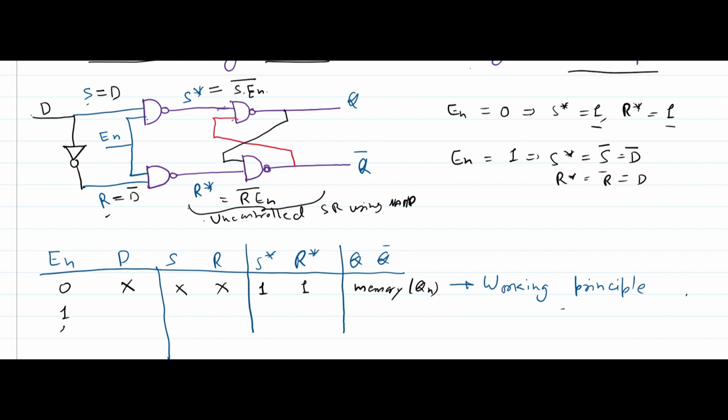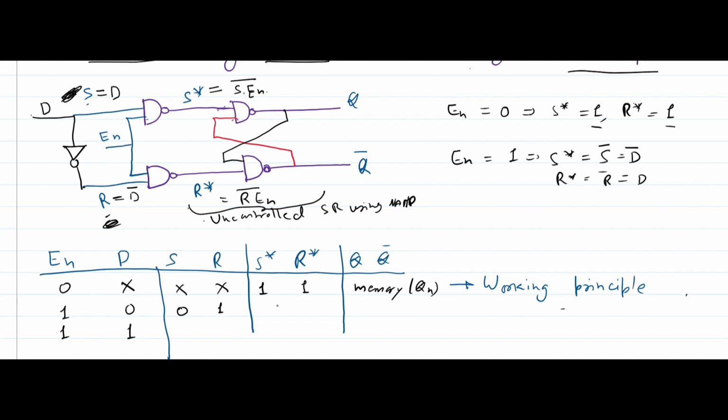Then comes En as 1 and D will be 0 or D will be 1. Now if D is 0, you can see from here S is 0, and from here R is 1.